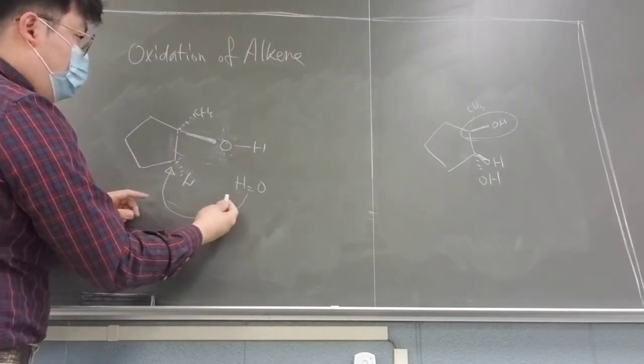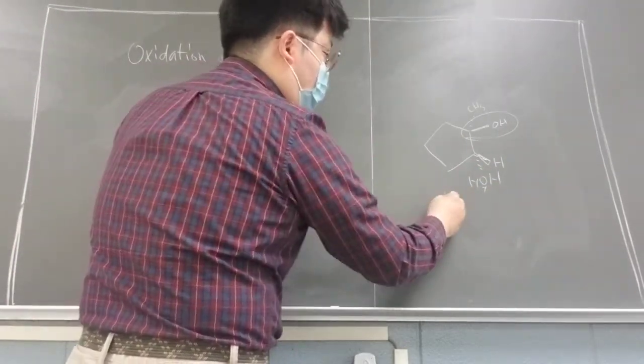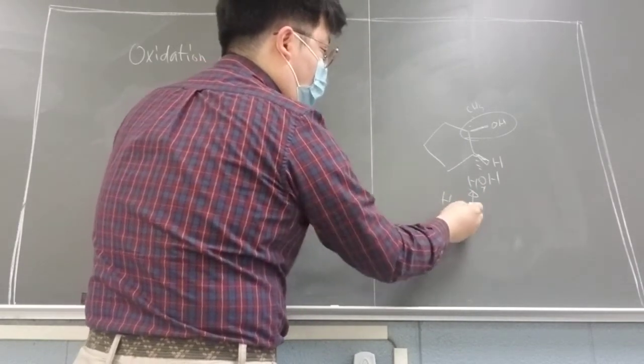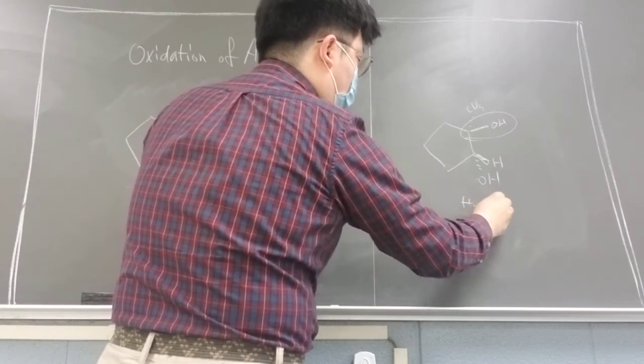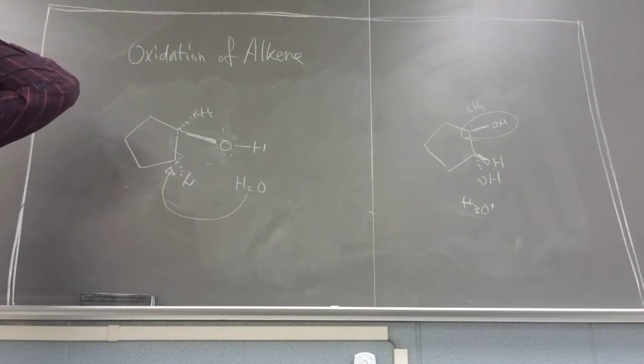And now it came into the back, which is this one. But this is grabbed by oxygen and another water. So this will be gone. This. Kind of makes sense, right? Okay.